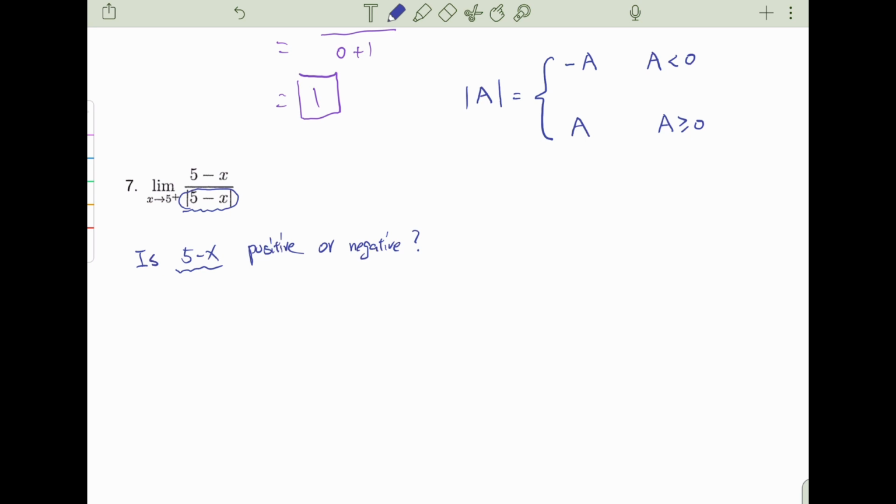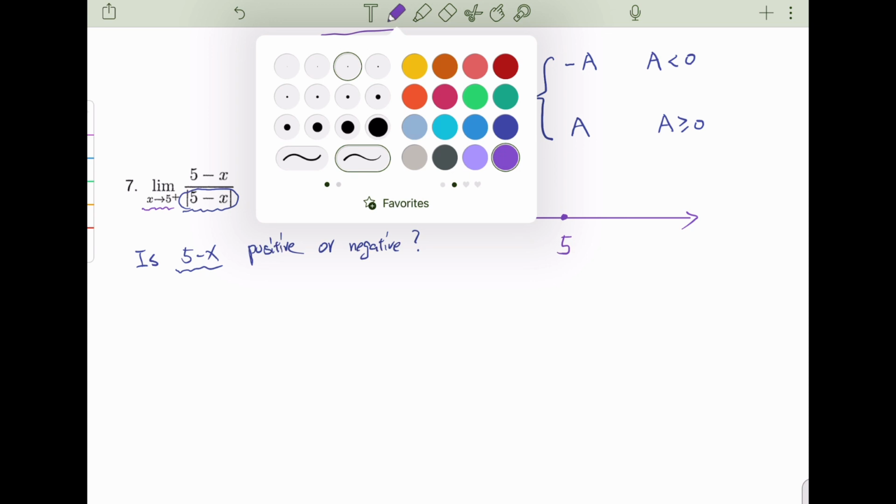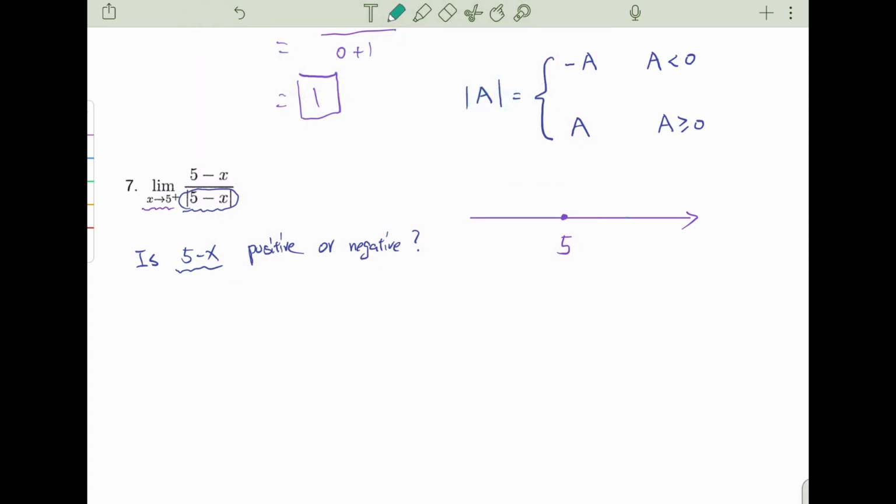We will need to get help with the limit. The limit says x goes to 5 plus. What does that mean? If you draw a number line here, this is your 5, right? It means that the x is gonna approach the number 5 from the right side. So this is your point here that you start with. This is your x, okay?